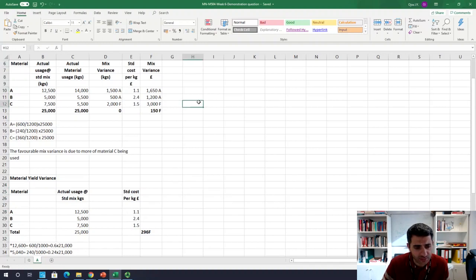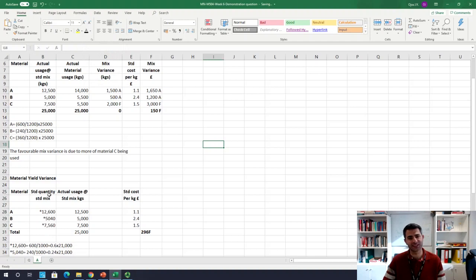Now the second column which you need to calculate is the standard quantity at the standard mix. There's no total, that's fine. How do we calculate this?